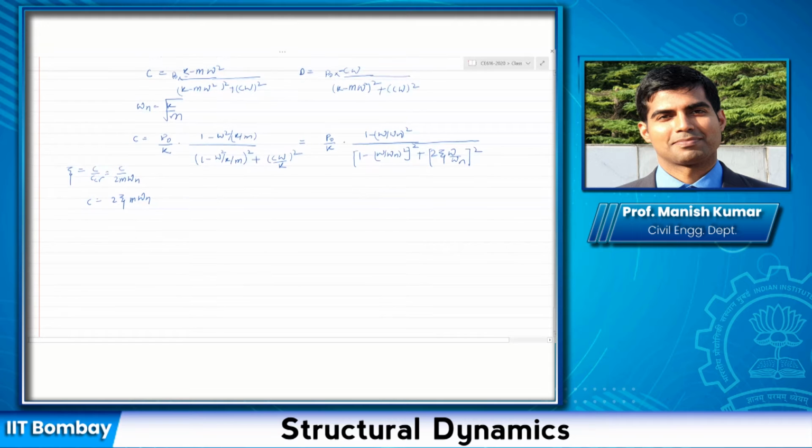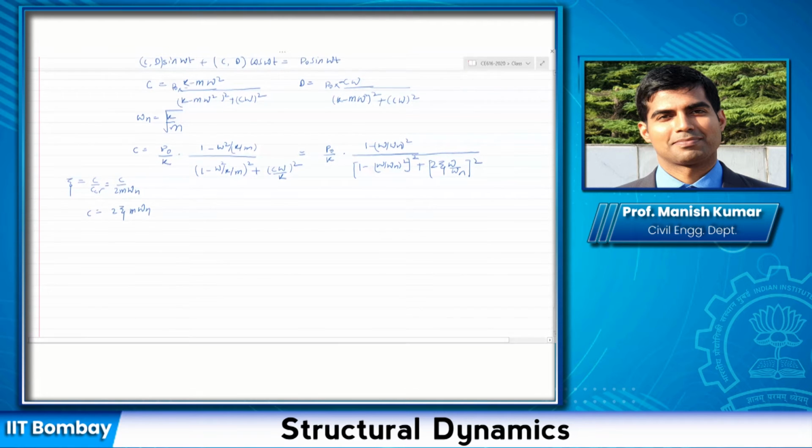Similarly for the D also, I would take K from the numerator and K square from the denominator outside, so that I get this one as P naught by K times minus 2 zeta omega by omega n, and this I would get as 2 zeta omega by omega n.